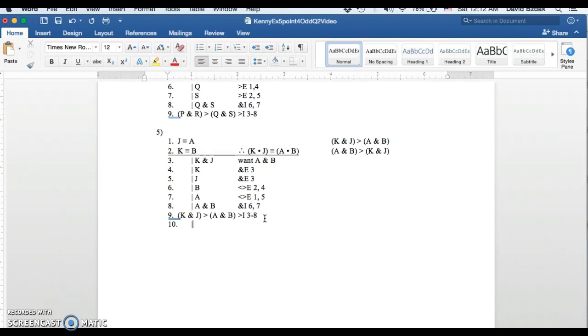So we indent. I'm going to run out of time, so I'll do this quick. Assume A and B, want K and J. Do the biconditional, do the same thing you did up here until you get K and J. Then you get that conditional, A and B conditional K and J. So now you've got both conditionals, so you can get the biconditional.